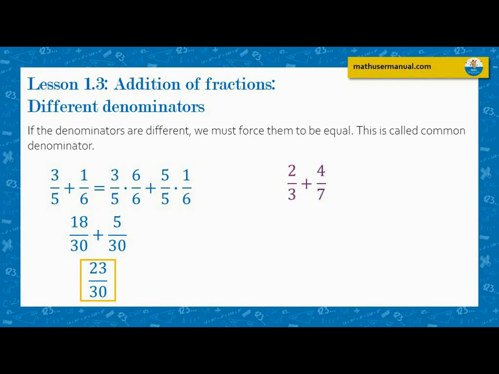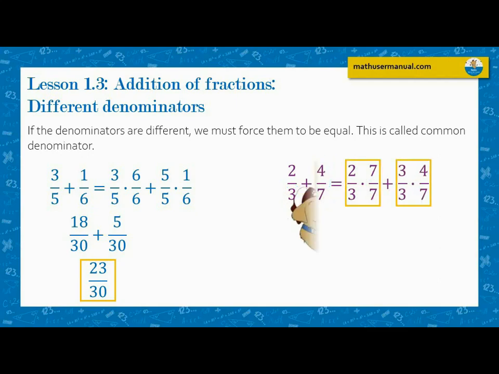Let's do another example. 2 over 3 plus 4 over 7. It is always the same procedure. Take the first fraction, copy it, and multiply times the second denominator, so 7 over 7. We have an addition, so write the plus sign, copy the second fraction, write it as it is, and multiply times the first denominator. After that, one more time, we have a multiplication of fractions.